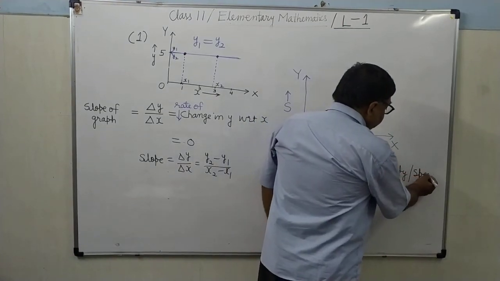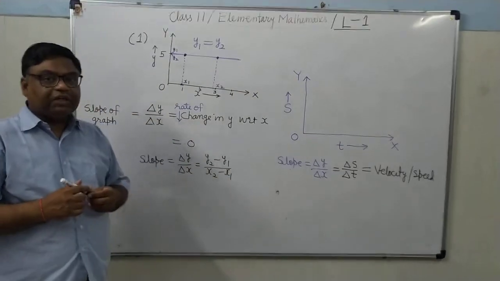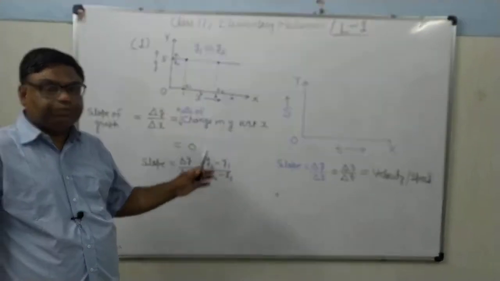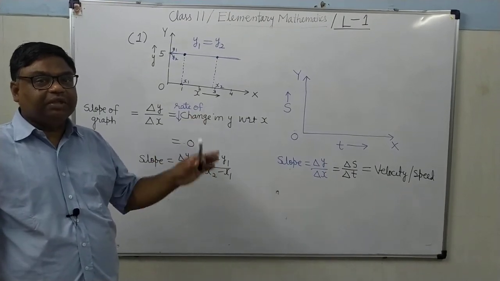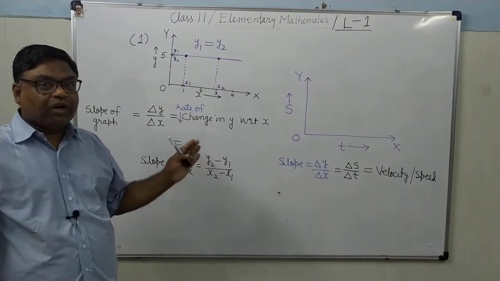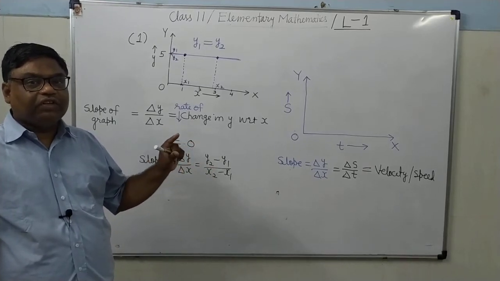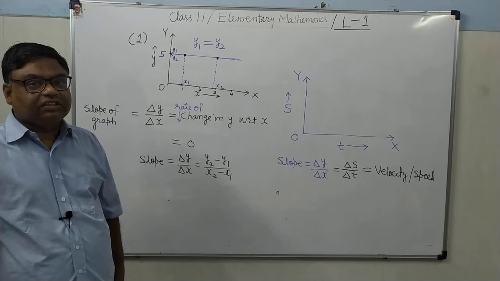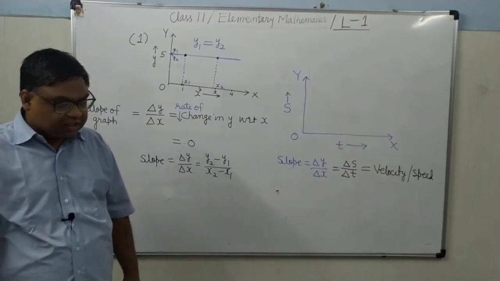And why can we call it speed? Because these displacement time graphs and velocity time graphs which we are discussing at this moment are for one dimensional motion. And in one dimensional motion, the magnitude of displacement is equal to the distance covered.